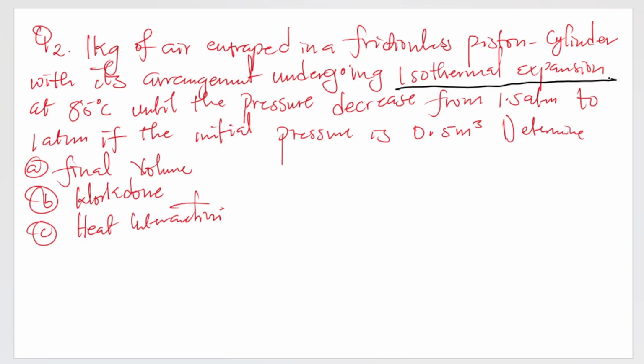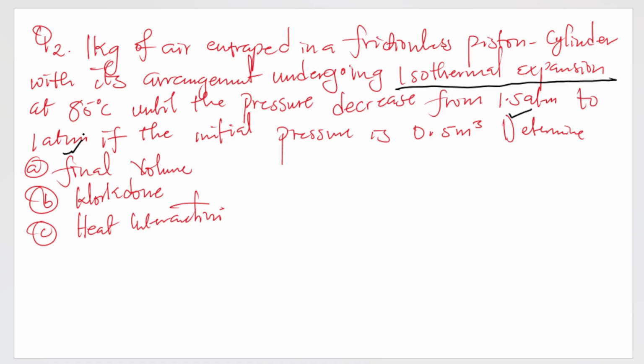Expansion at 85 degrees Celsius until the pressure decreases from 1.5 atm to 1 atm. So they are giving you your initial pressure and your final pressure: initial 1.5, and final 1 atm.